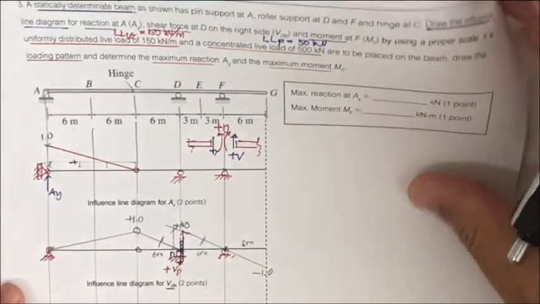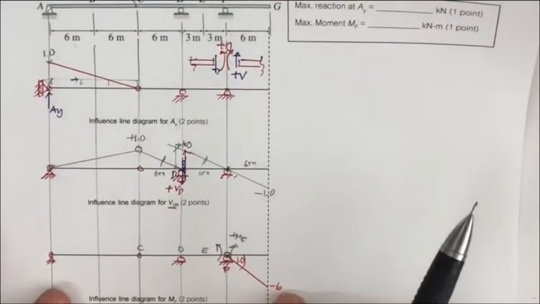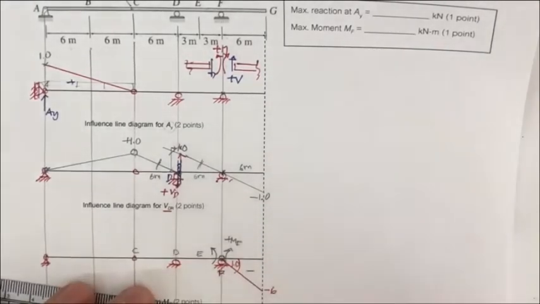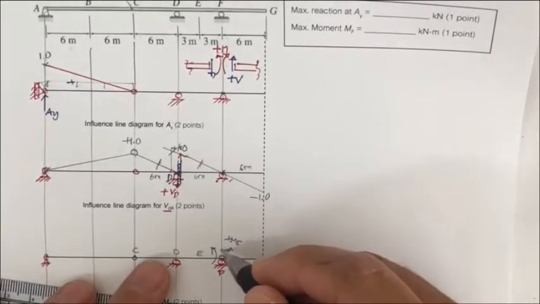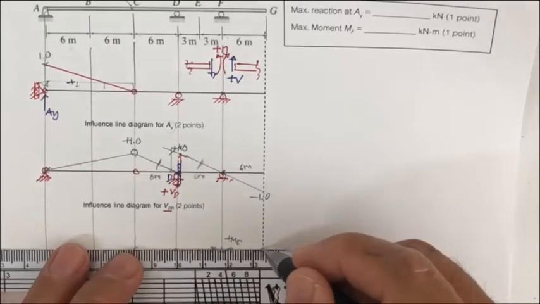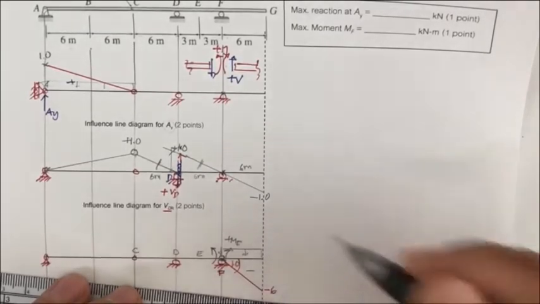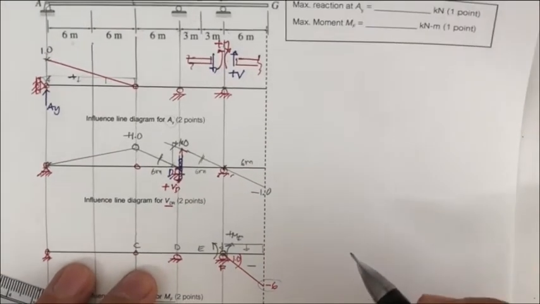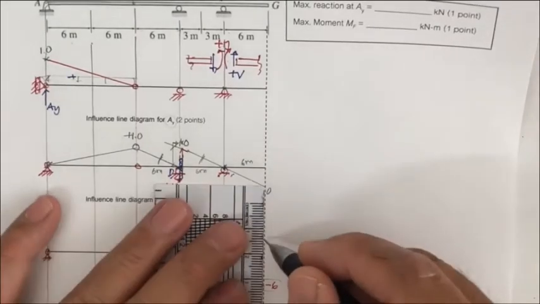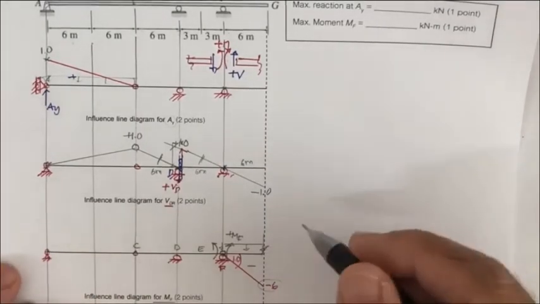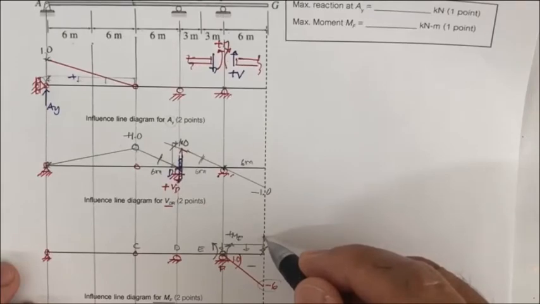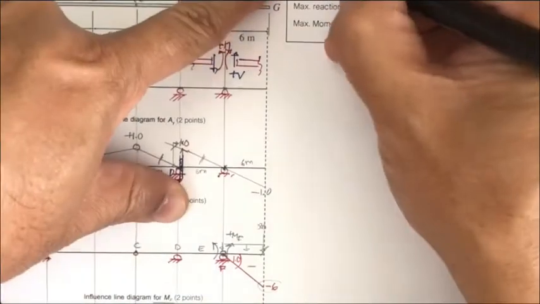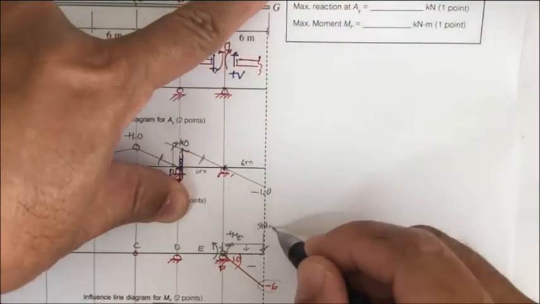And next, let us put for this one. And this one always has a negative effect. So the uniformly distributed live load is going to cover this area. And since this is the maximum coordinate of the influence line, we have the concentrated live load of 500 kilonewton here.